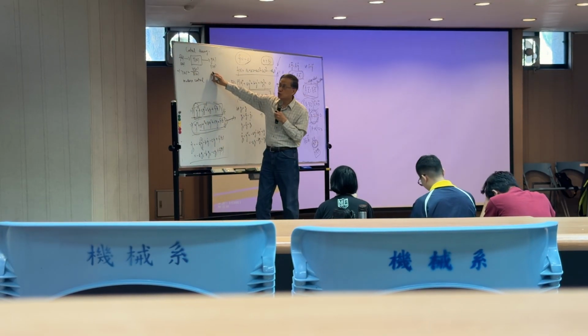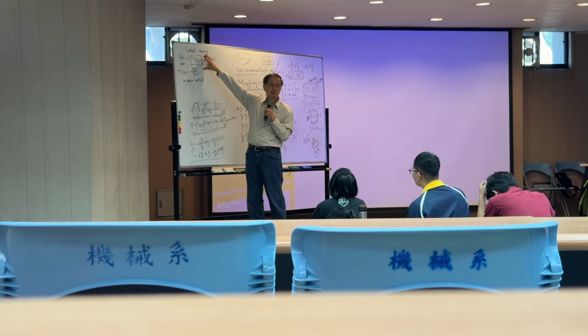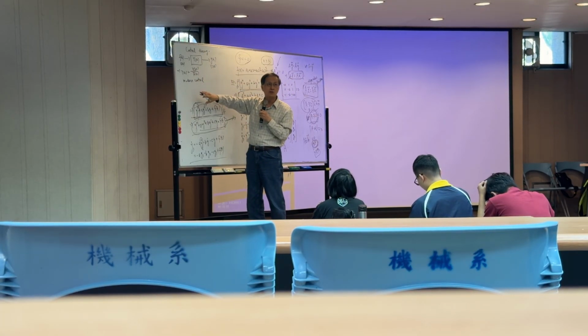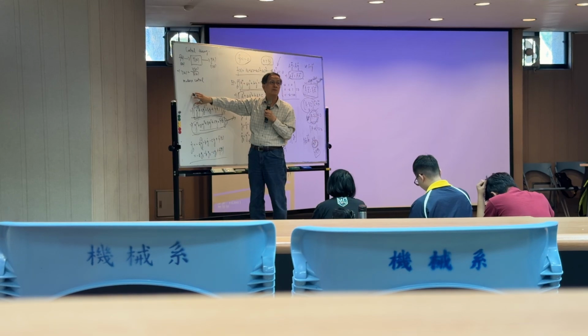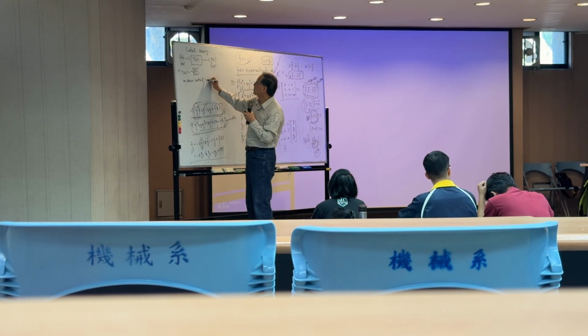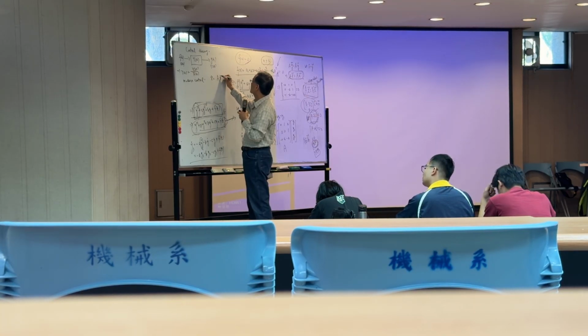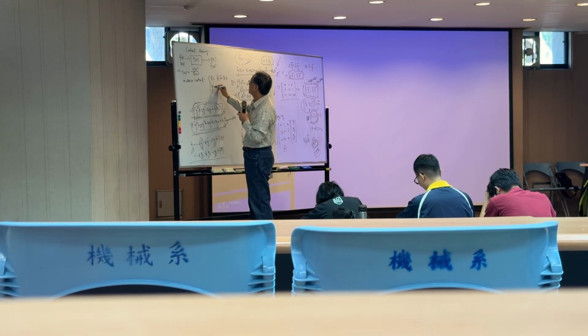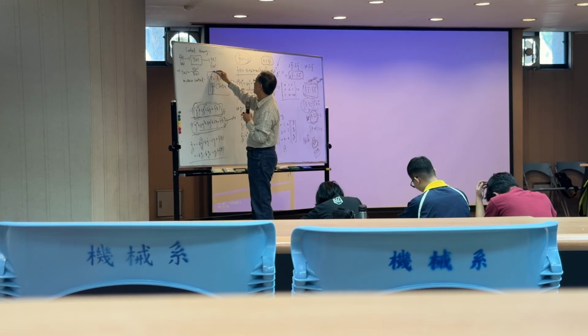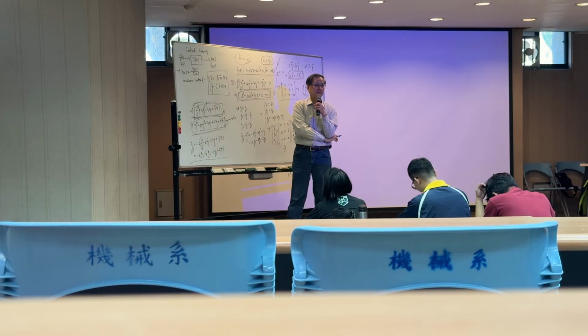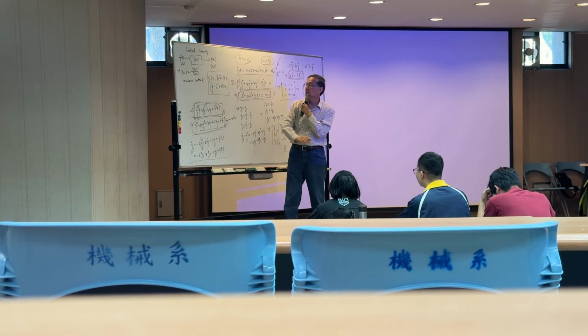So this is what we call modern control. Now, modern control will take this form into another form. Do you remember? Modern control will take this form into x dot equals Ax plus Bu, and y equals Cx plus Du. Have you seen this?